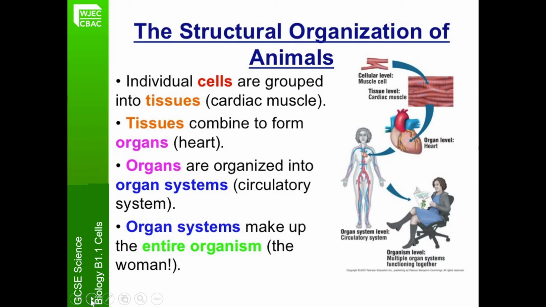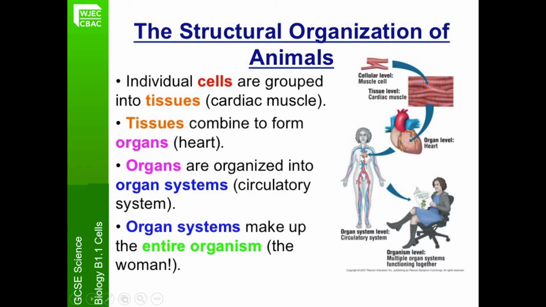So here in this example, we can see a diagrammatic organisation of levels of organisation. We've got our muscle cell joining together to make muscle tissue, cardiac muscle in particular. This muscle tissue, along with connective tissue and nervous tissues, would make up the organ, the heart.